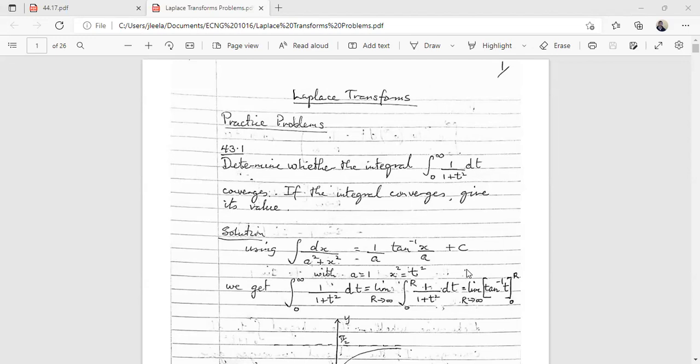So during the tutorials, I would go through as many questions as possible. And once time allows, I will also try to go through some of the past exam questions. You should have access to those past exam questions because they're on the course webpage. So you could look at some of those questions and some of the solutions.